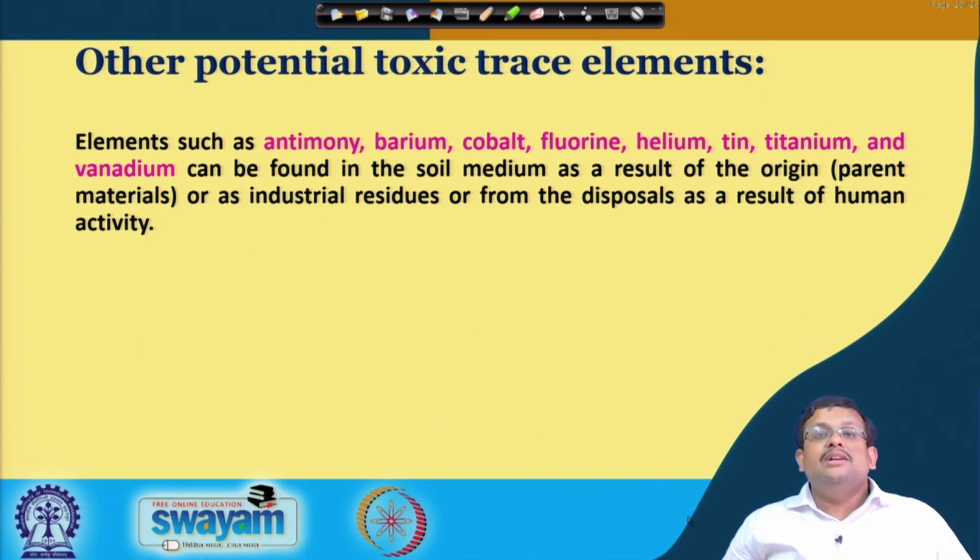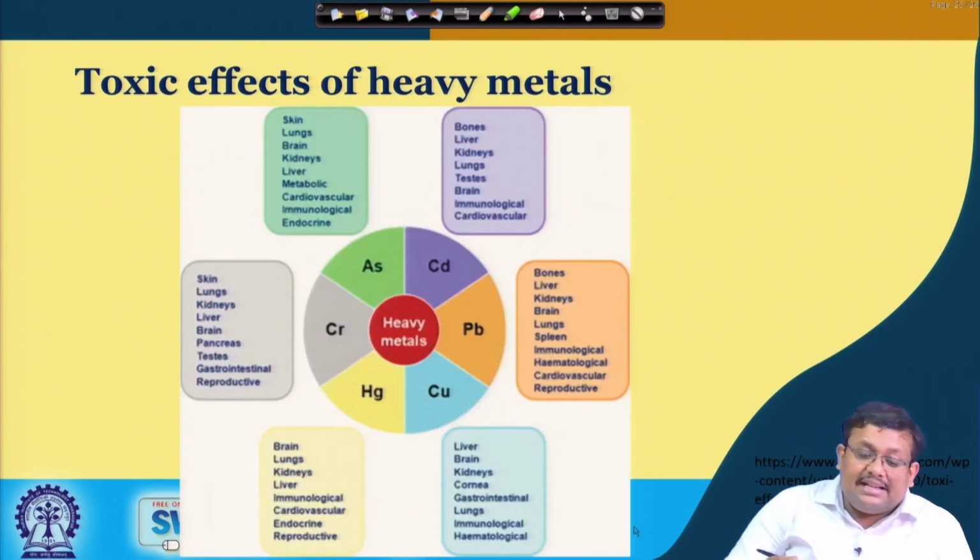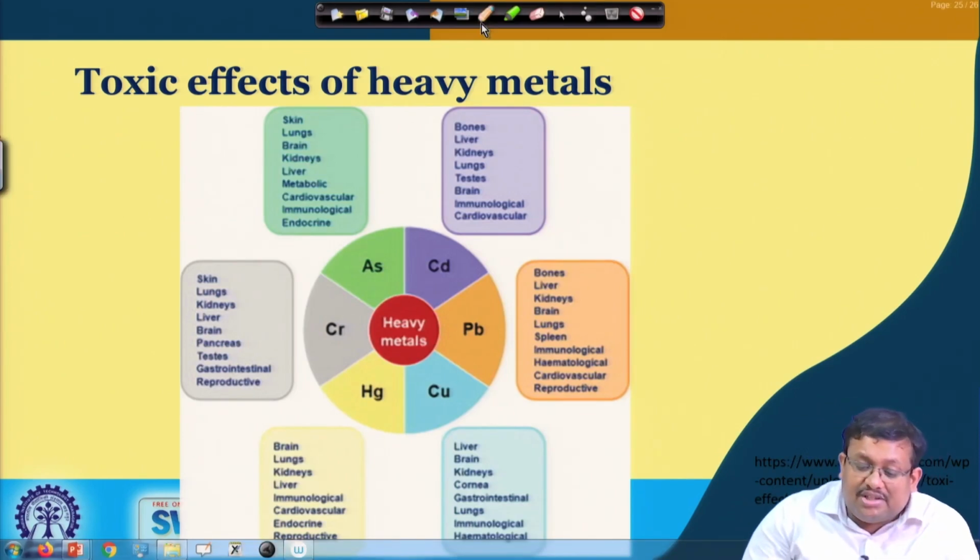There are also some elements such as antimony, barium, cobalt, fluorine, helium, tin, titanium, and vanadium that can be found in the soil medium as a result of origin, that is parent material, or as industrial residues, or from disposals as a result of human activity. So, these are some of the other potential toxic trace elements which can also originate in the environment due to different geogenic and anthropogenic activities.